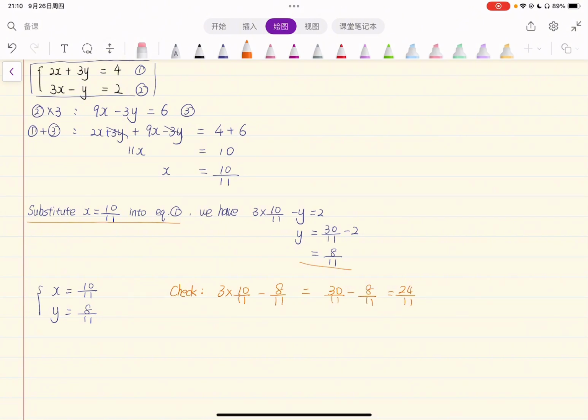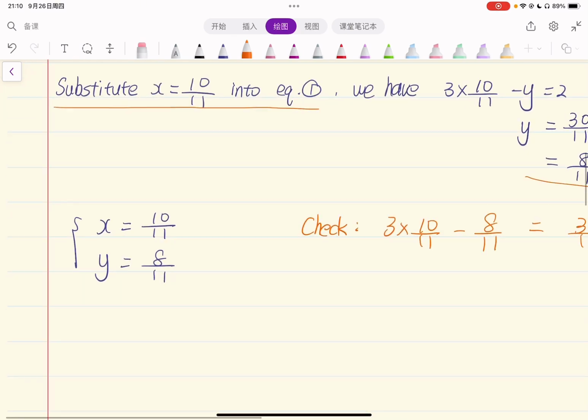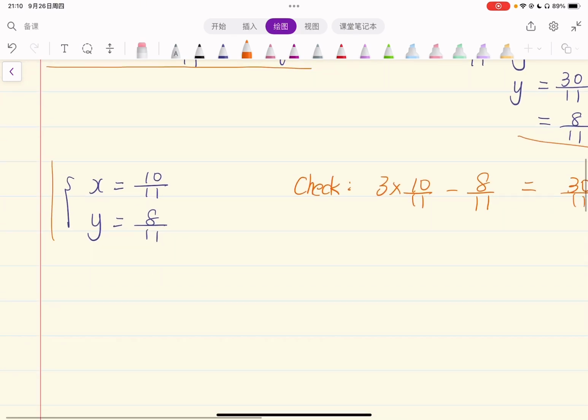Oh, sorry, not 24, 22 over 11 equals 2, right? This is true for equation 2. So we can say that our answer is correct.